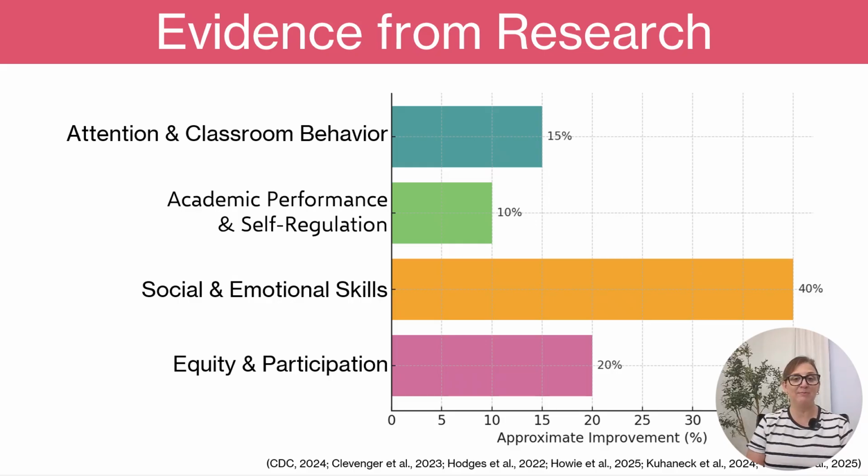They show greater empathy, better conflict resolution, and stronger peer relationships. And importantly, equity and participation improve by 20%, as inclusive recess environments allow all children, regardless of ability or background, to engage and belong. These data points remind us that recess is not just enjoyable, it's measurable evidence of healthy development and learning in action.